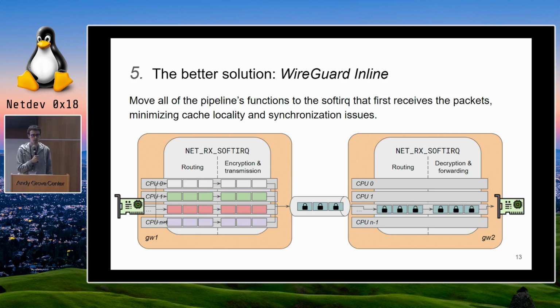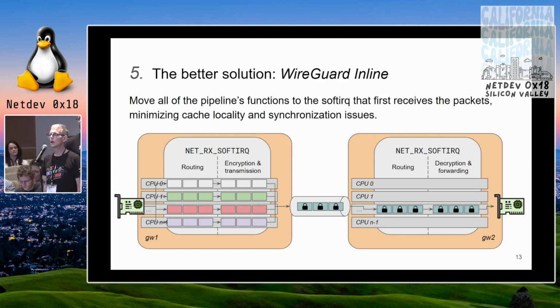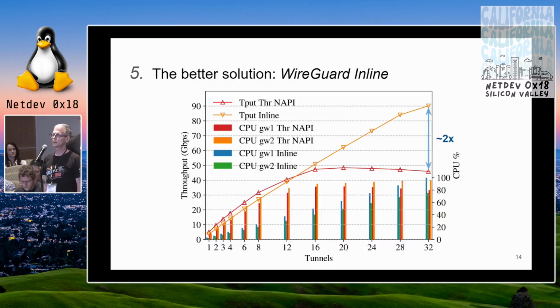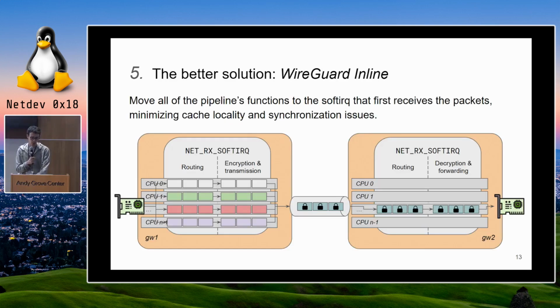So my question is, are you only using one core for the routing, decrypt, and forwarding? Yes, but this is for the reception of one tunnel. So here we are able to achieve 90 gigabit per second over 32 tunnels, and we have 32 CPU cores. So it's going out on many, not just one. Yeah. That's what was confusing me about the picture. It shows only going out on one. Okay. All of these pictures are referring to just one tunnel. Yeah. Okay.